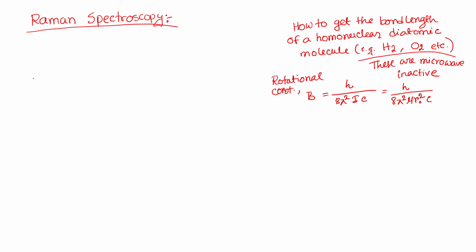Actually, the induced dipole mu I can be written as alpha E, not only alpha E but plus beta E square, where E is the electric field, plus gamma E cube, and this will go on. This is like a Taylor series.